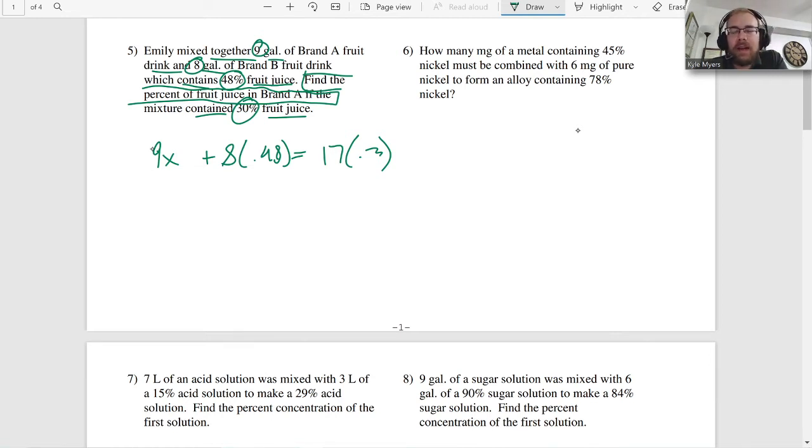The x is over here now instead of over here. There's no x over here anymore. But everything else is the same. So let's do this. In order to solve this, let's take it a little bit slower. So this is going to be 3.84.